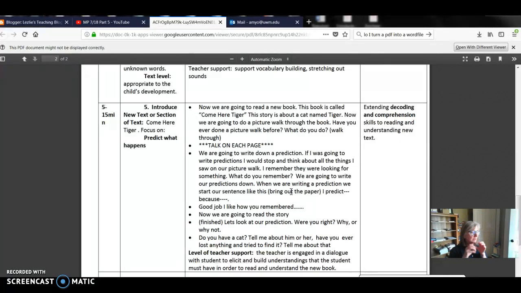So the most explicit thing you did, as I remember, was when you said, I predict, that's what we're looking for. I predict what's going to happen. Okay, now let's look at the pictures. Let's do a quick picture walk. Then go back and have her use that phrase. That was very explicit. That was a good technique. So I'd like to see much more purposeful technique. I think you're getting there, though, because this was a nice plan.